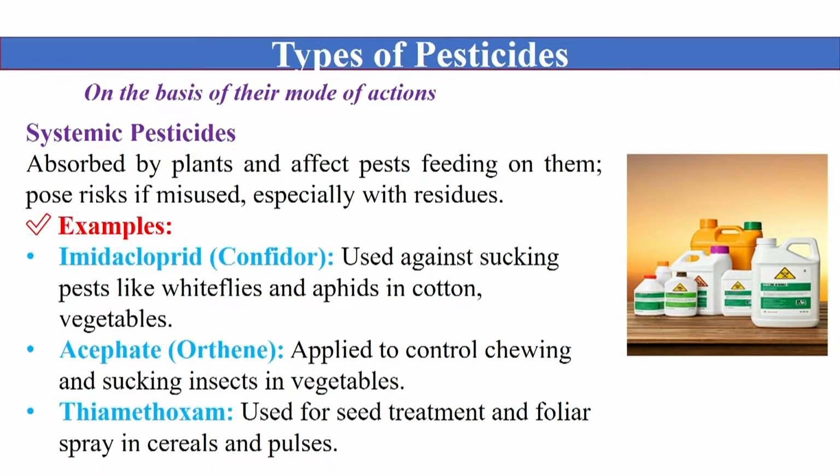Next is acephate. It is also applied to control chewing and sucking insect pests in vegetables and some other crops. And next is thiamethoxam. It is used basically for seed treatment, and you can also use it as a foliar spray in cereals and pulses.